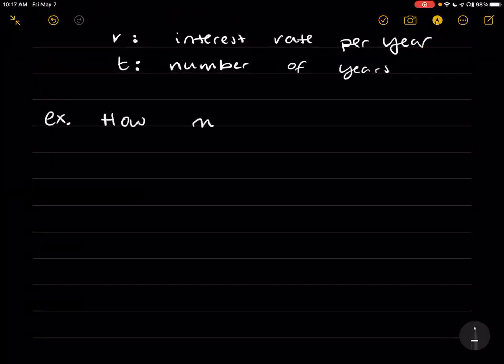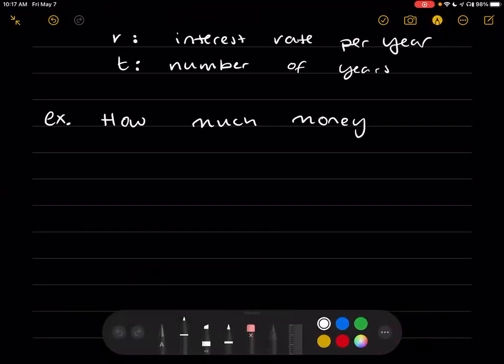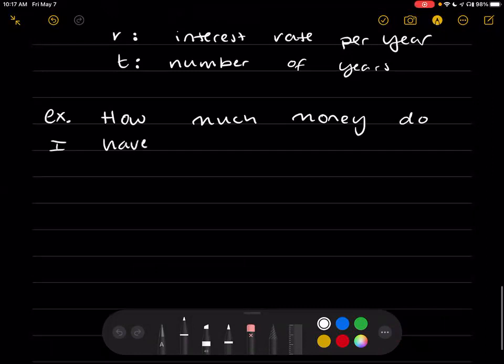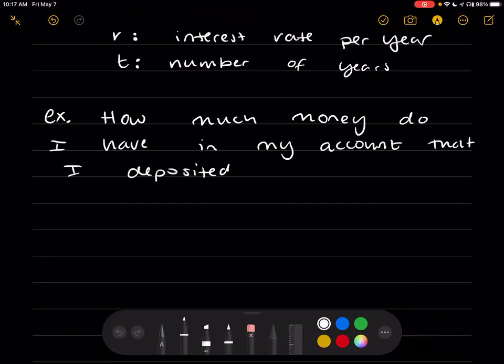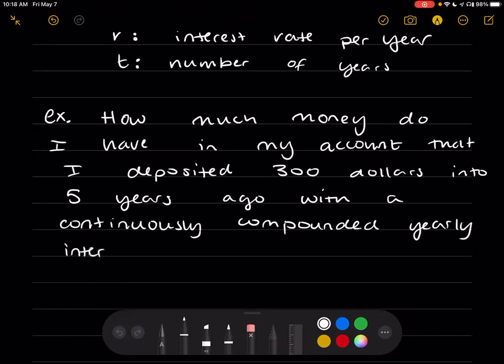So let's ask, how much money do I have in my account that I deposited $300 into 5 years ago with a continuously compounded yearly interest rate of 4%?